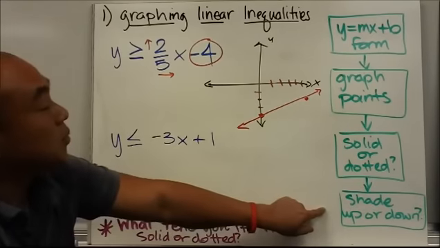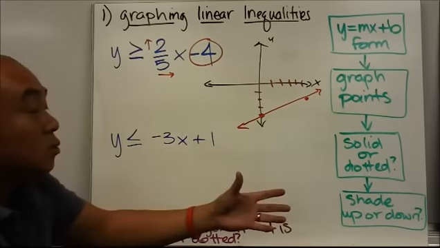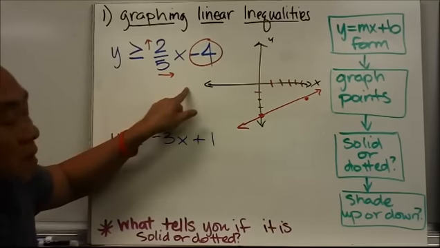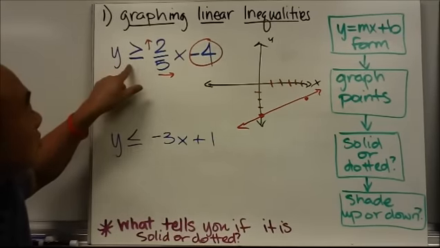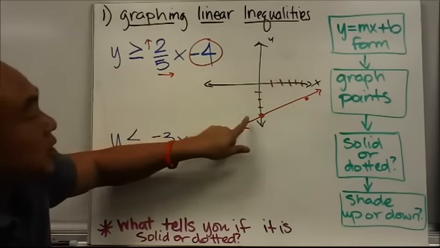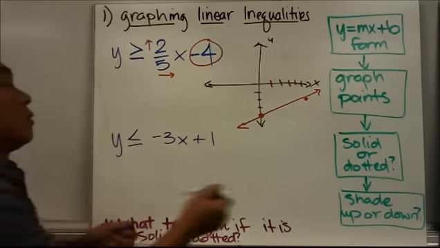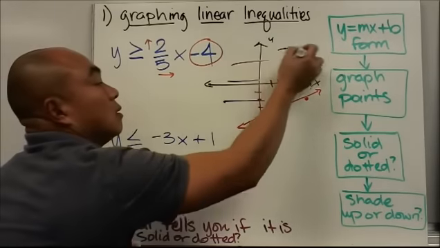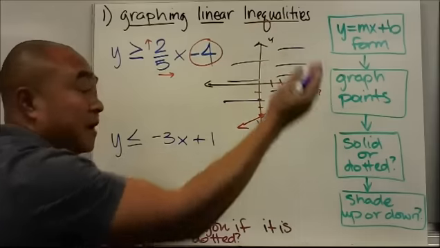Let's figure out which part we are going to shade. The easy way to remember this is, if you have it in the slope-intercept format and y is larger than this, then you are shading up. Okay, you're shading up. That's it.